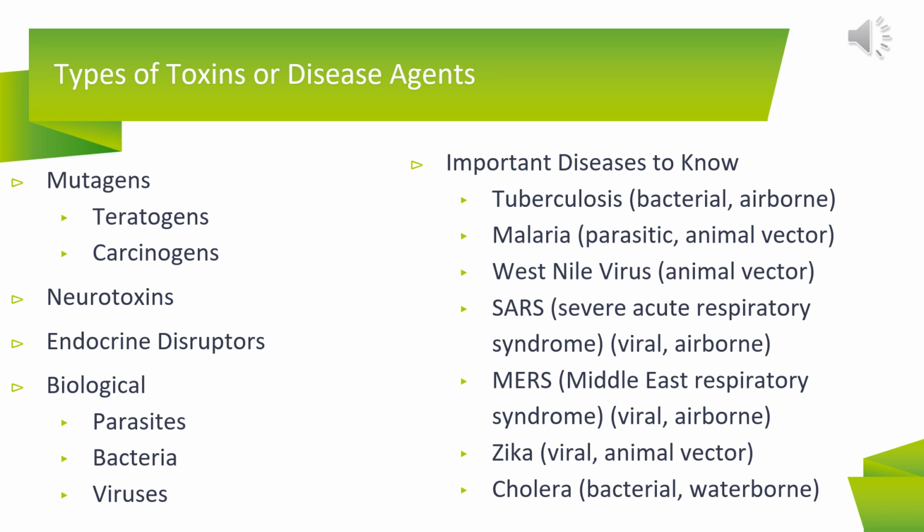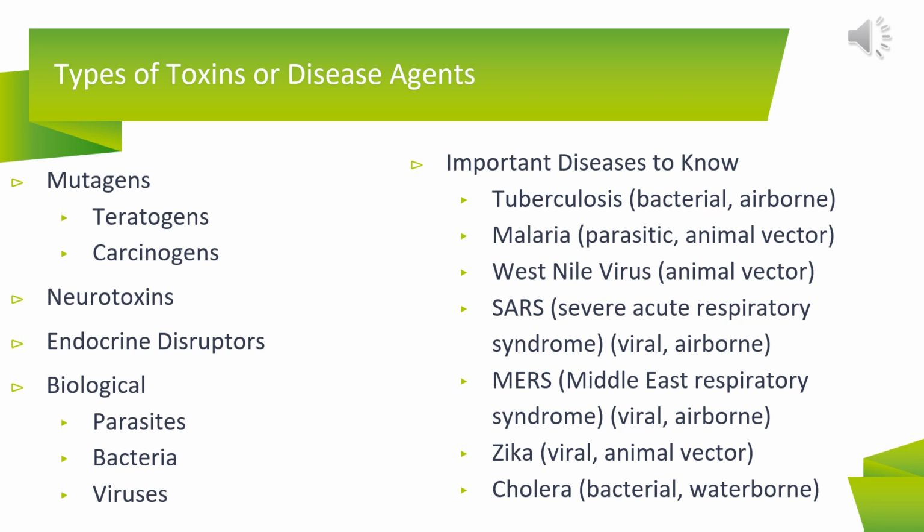Then you have multiple viral diseases. So you have West Nile virus, which is transmitted by a mosquito, so it has an animal vector. You have SARS, severe acute respiratory syndrome, viral, and it is airborne.